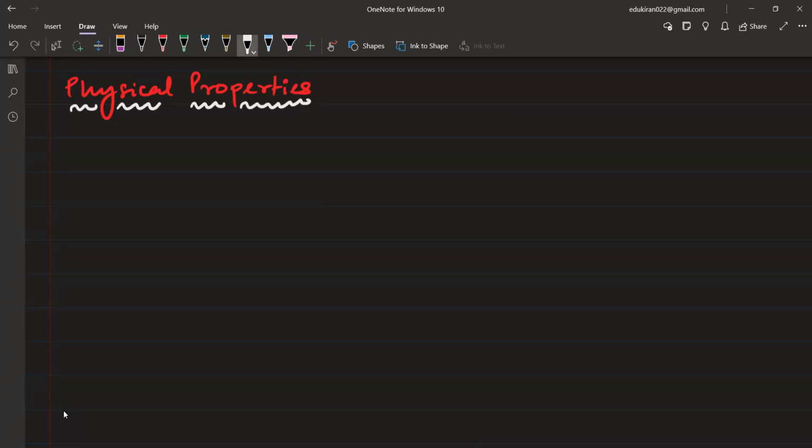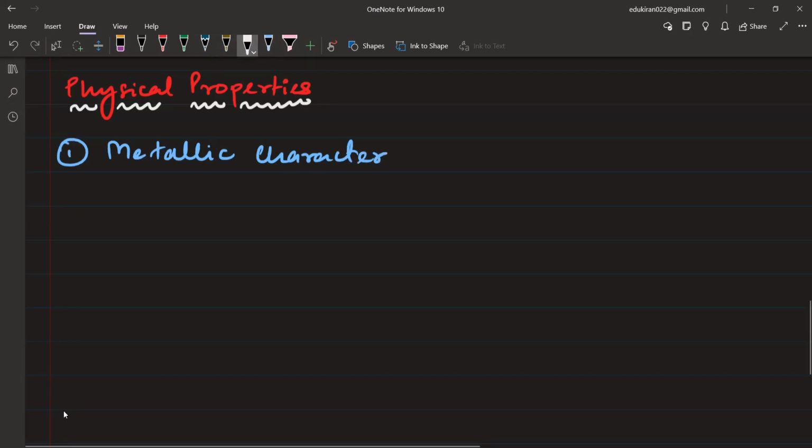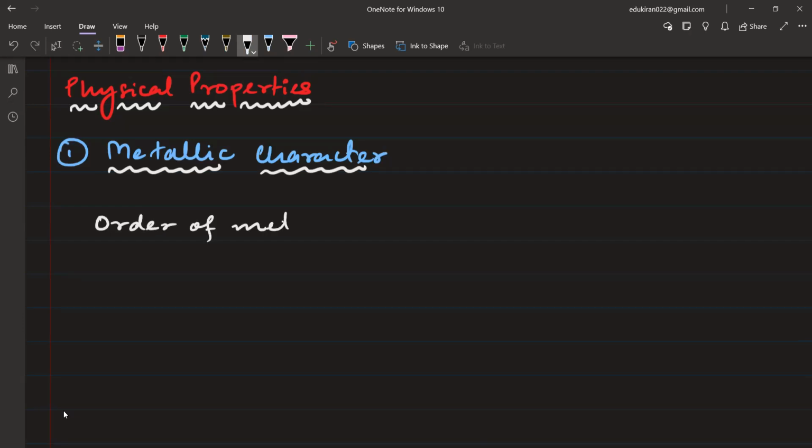Okay, write the first one, metallic character. Metallic character is defined as the tendency to lose electron. Now, we all know the order of metallic character in the periodic table.